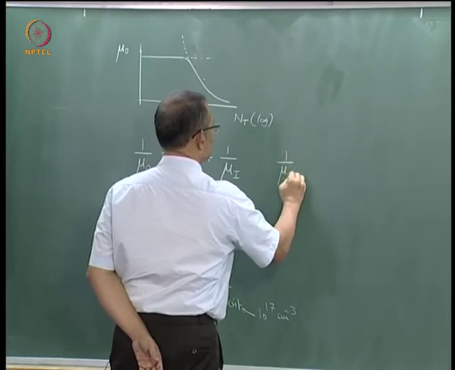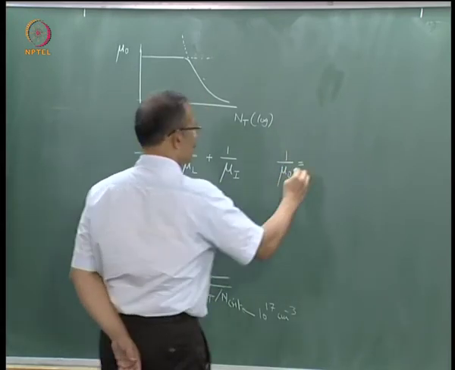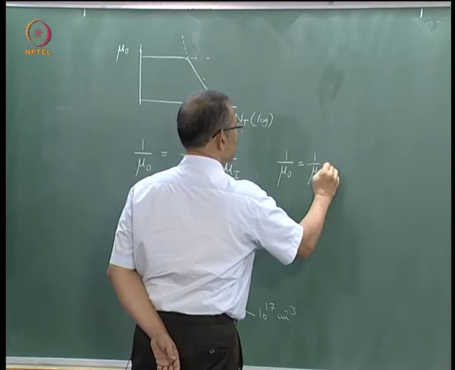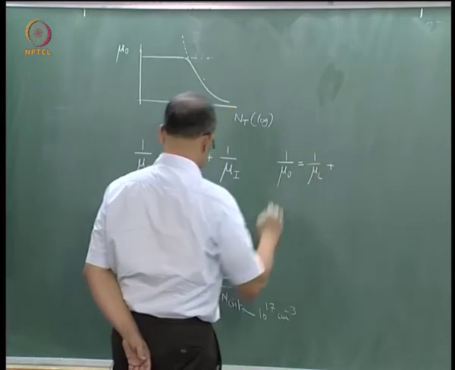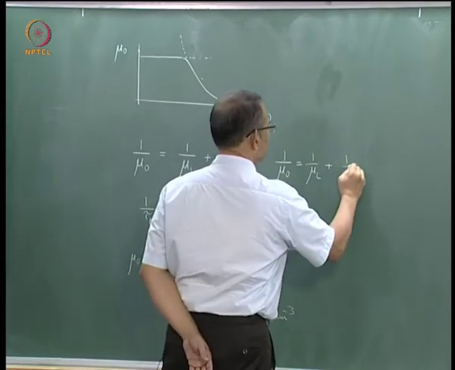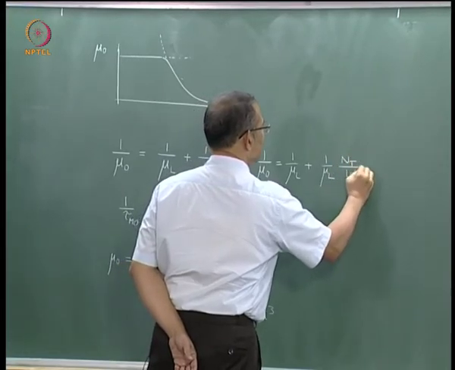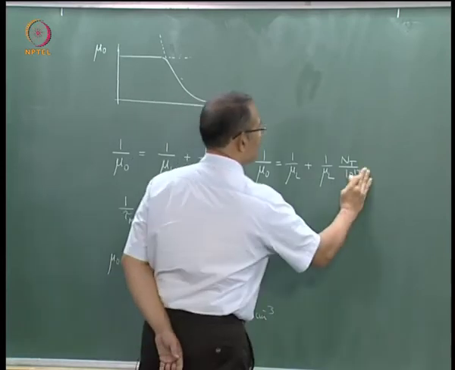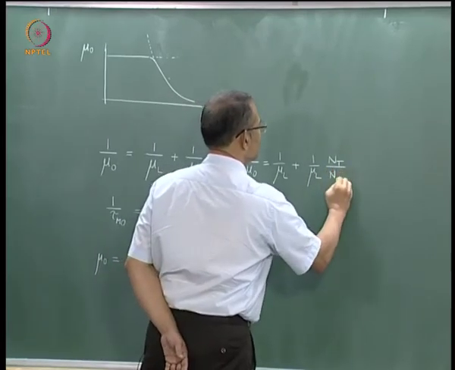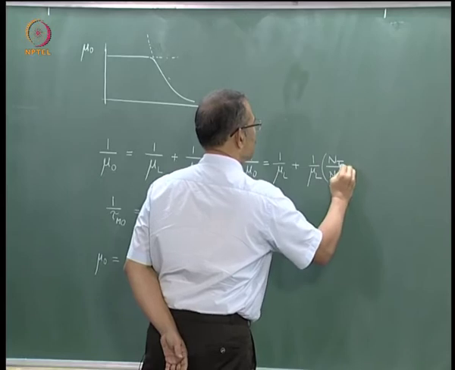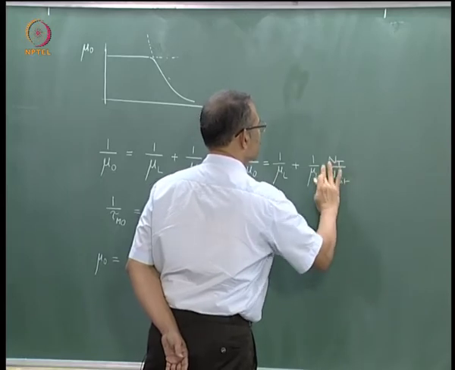So when I cast it in reciprocal form, it would look as follows: 1 by mu naught is equal to 1 by mu L plus 1 by mu L into Nt by 10 power 17, or let me write it as N critical, of course with a square root sign.